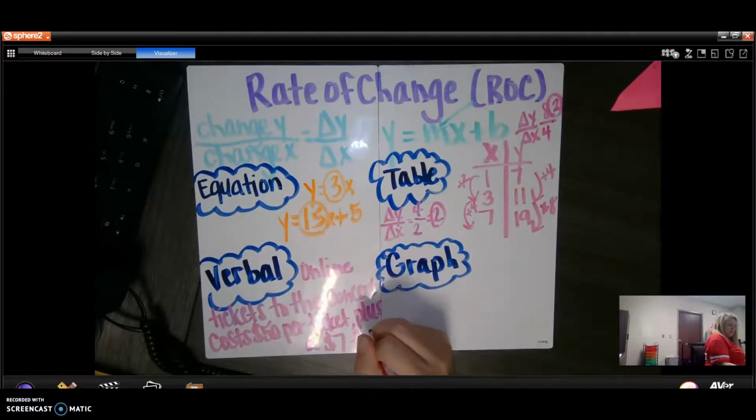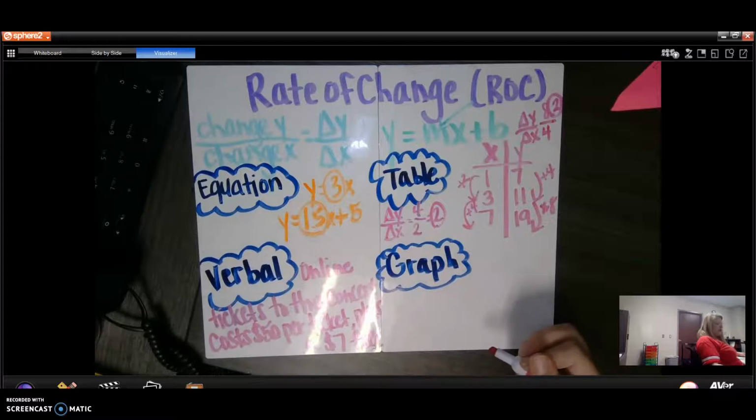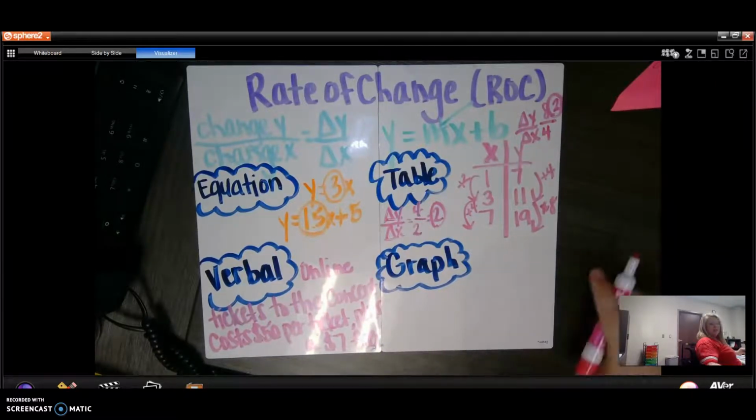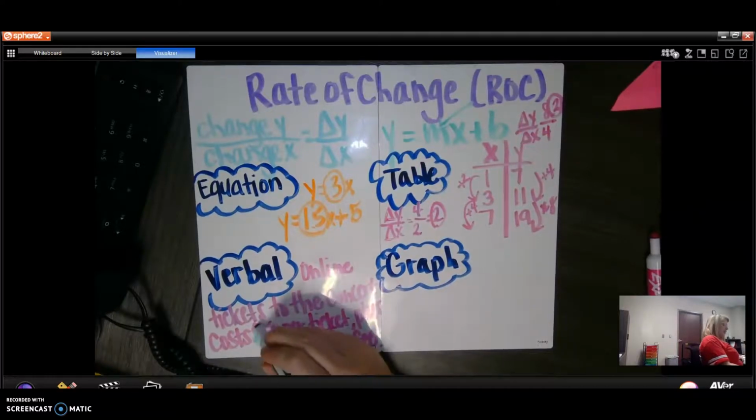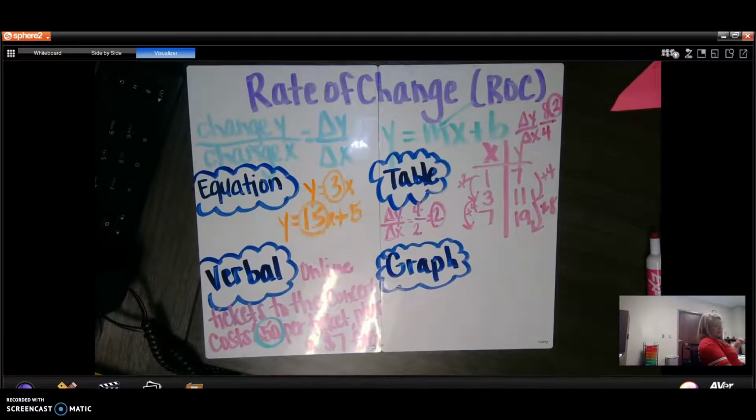Got to get you with those fees. Okay? So if we're looking for the rate of change in this verbal description, we were looking for how it would be changing. Well, it's changing at $50 per ticket. Okay, our rate of change is $50 per ticket.